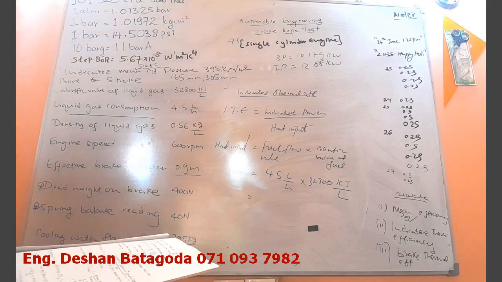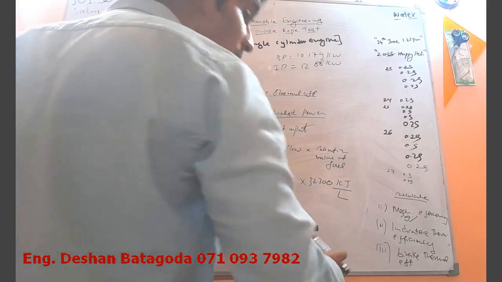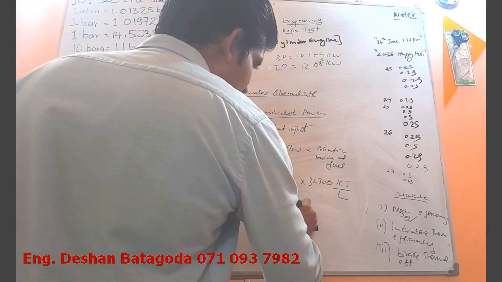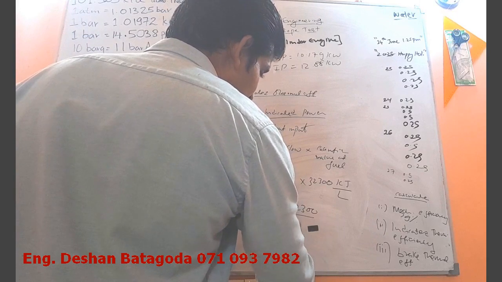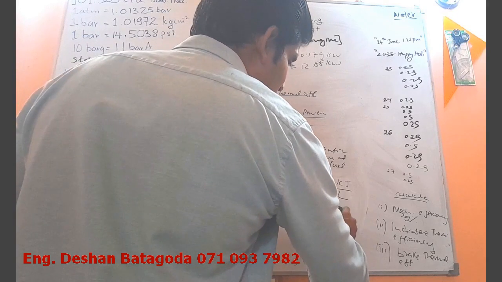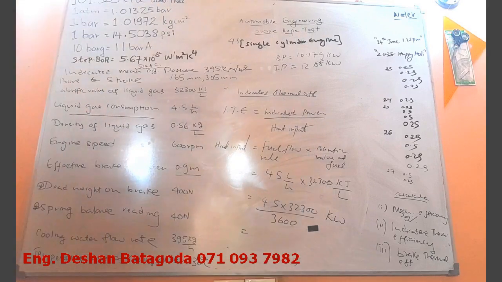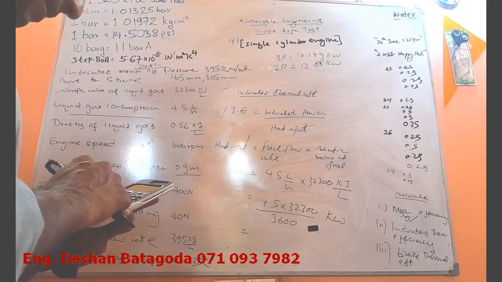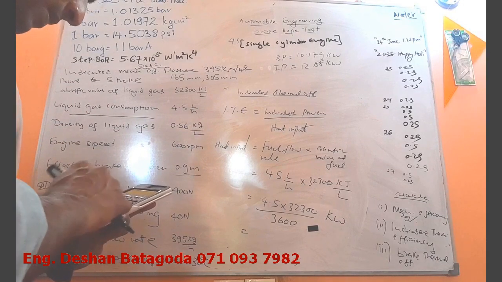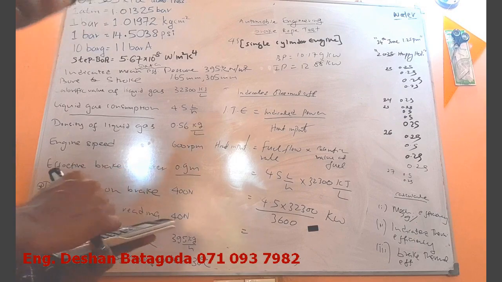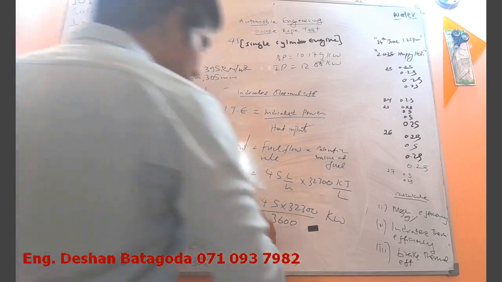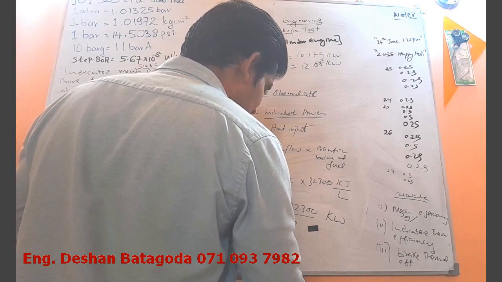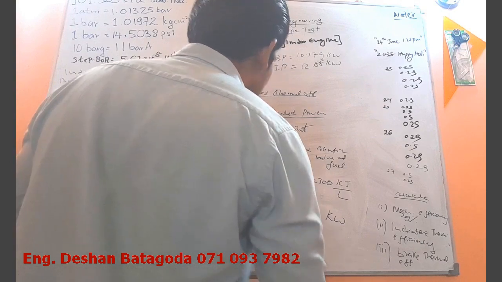That will give the amount in kilojoules per second, which means kilowatts. So 4.5 multiplied by 32,300 divided by 3,600 gives 40.375 kilowatts. So that is the heat input.